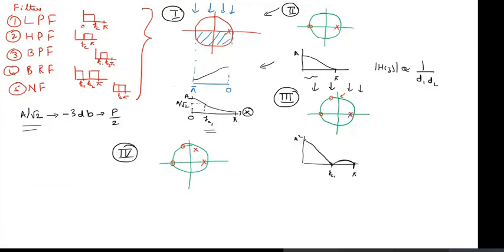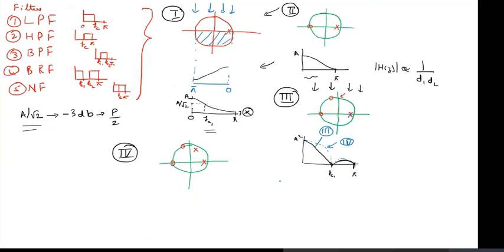So how would this system look? Something like this. This blue line is for the fourth, and this black line is for the third.